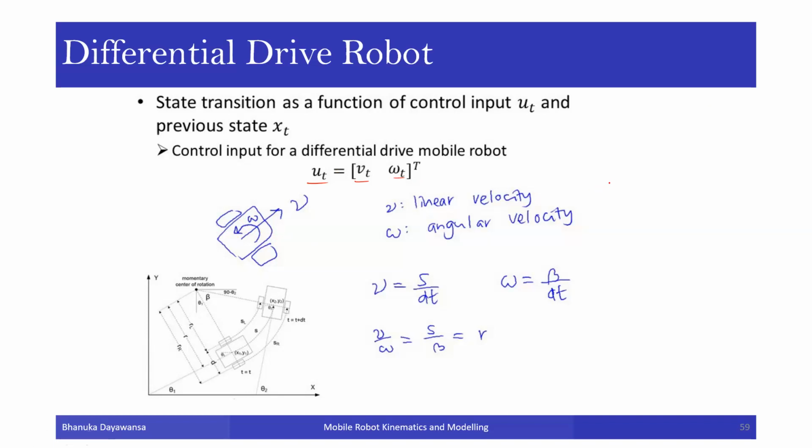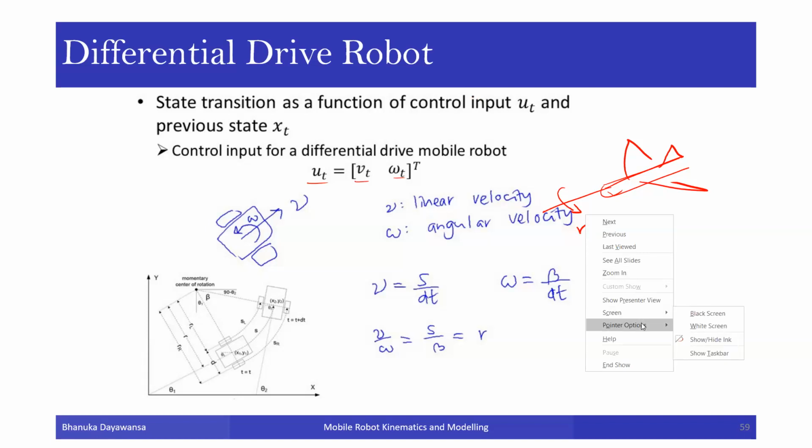How can I explain? Take a plane. If the plane is moving around this axis, this is what we call pitch, sorry, it's pitching.